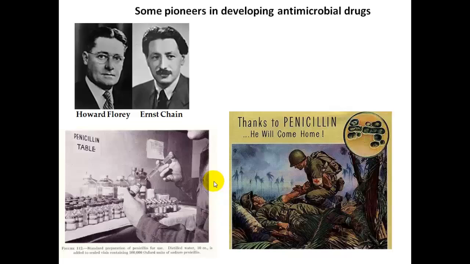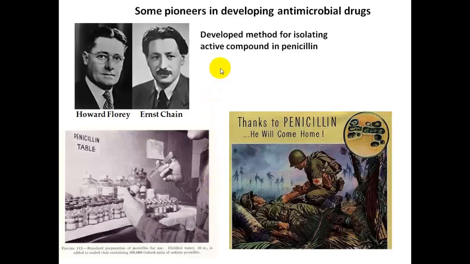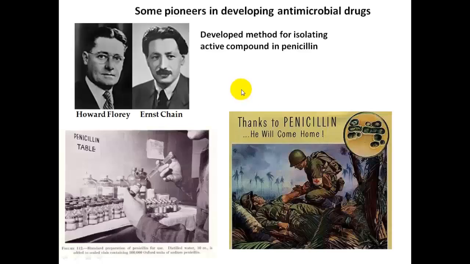For many reasons, the discovery of penicillin had a lot of historical importance. So to sum up, Florey and Chain are credited with developing a method for isolating the active compound in penicillin. And again, it played a big role in many different ways in our history.